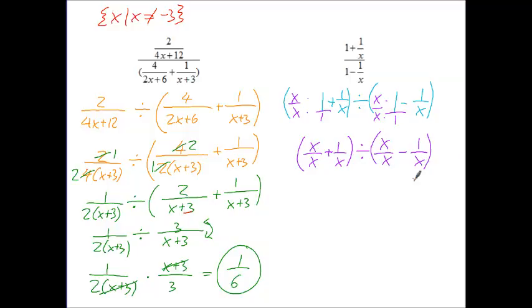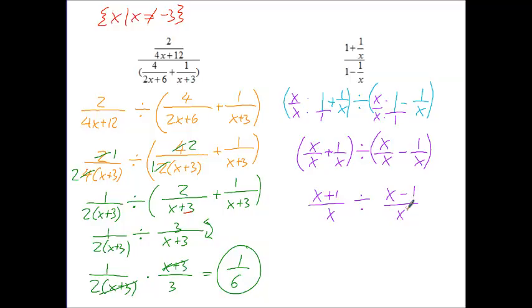And now we can go ahead and add or subtract our numerators to get x plus 1 over x divided by x minus 1 over x. And have you noticed how now we don't need parentheses anymore? See, that is the thing, that our fraction bar here has its own built-in parentheses.